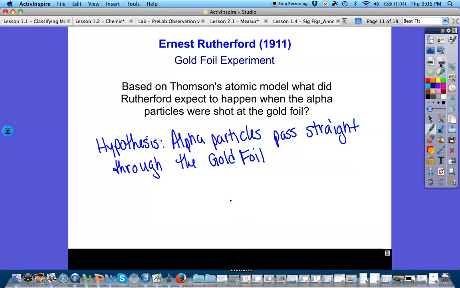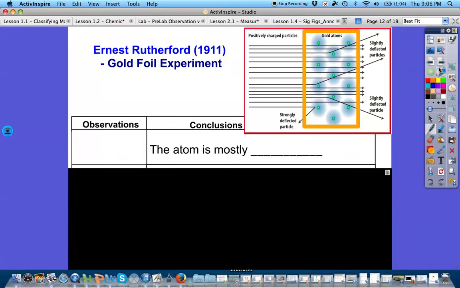So Ernest Rutherford, he shot the alpha particles at the gold foil. So these lines represent the alpha particles.